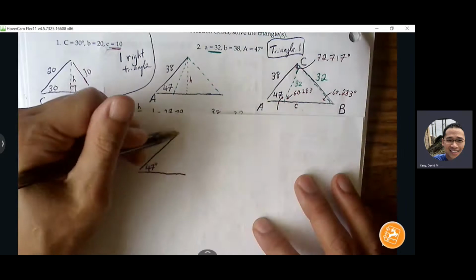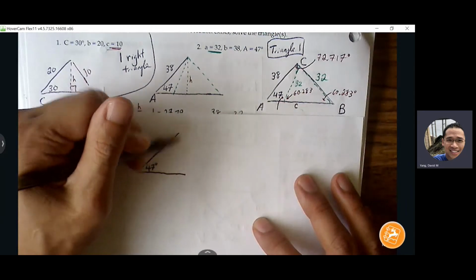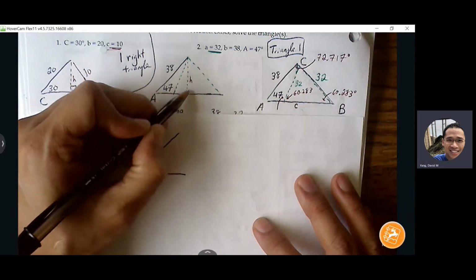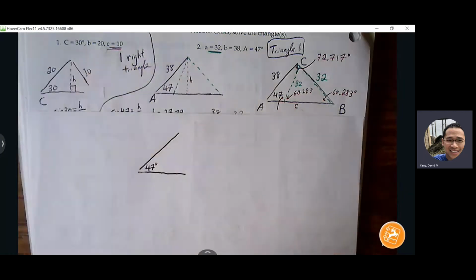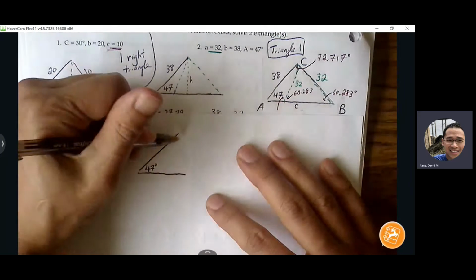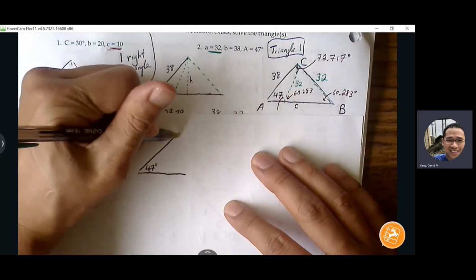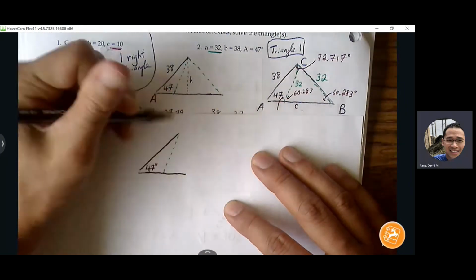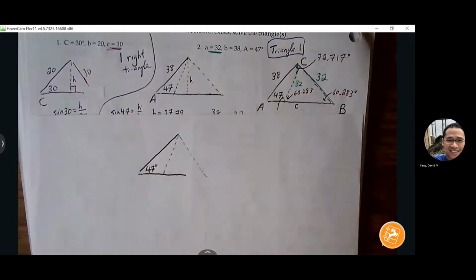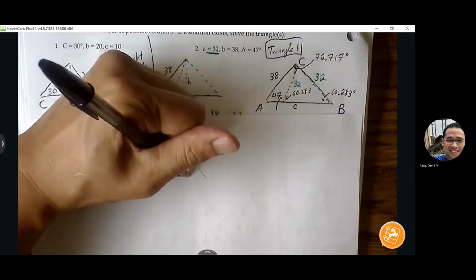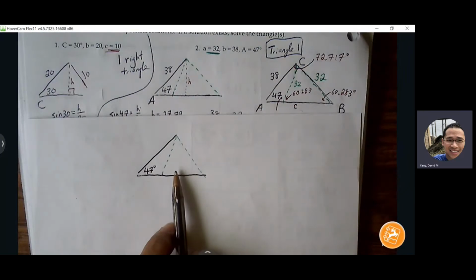Okay, we found this vertical height, and then we realized that it was short enough to allow this hanging side to kind of swing back and forth. So this swinging side could either be here or it could be here. Okay, are you good with that?